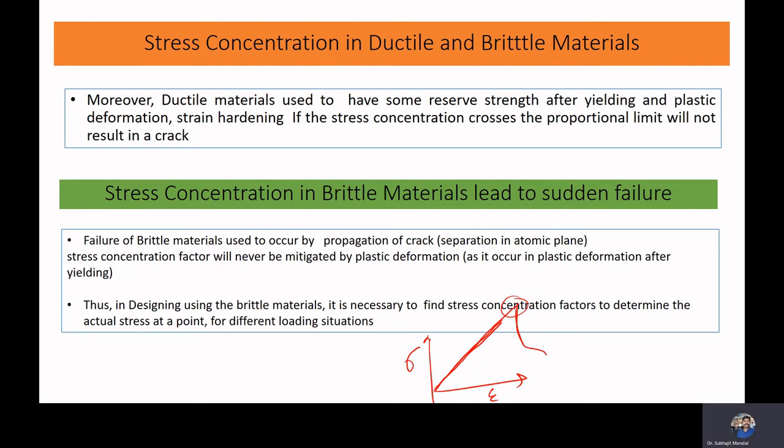The stress developing in that zone never gets a chance to mitigate, because once it reaches the ultimate stress, failure occurs suddenly. So in brittle material, stress concentration is a big factor.